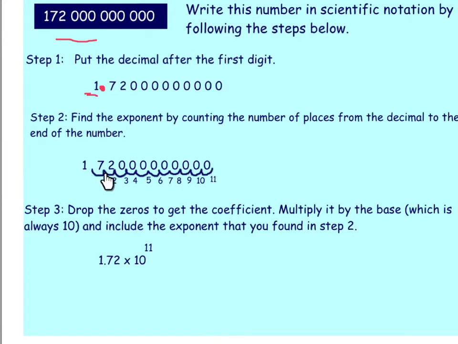So 1, 2, 3, 4, 5, 6, 7, 8, 9, 10, 11, and we end at 11. So because it took us 11 moves to go to the right, that will be our exponent. I used to teach it the other way, where you go to the left. I love this way much better. Put the decimal right here. That way you always know that the decimal goes in the spot so that there's only one number to the left of it. Okay, we took this number and made it into scientific notation.